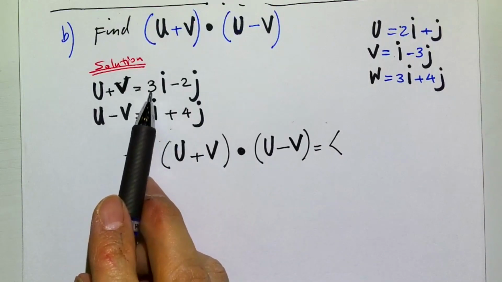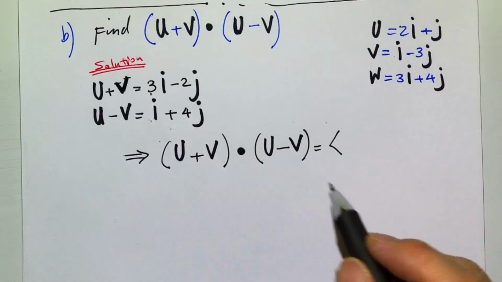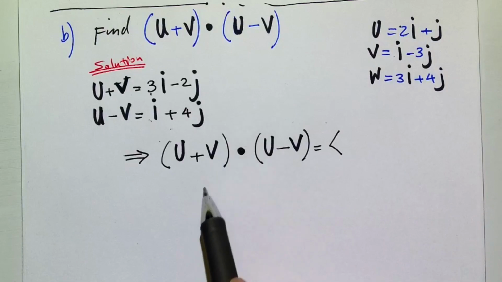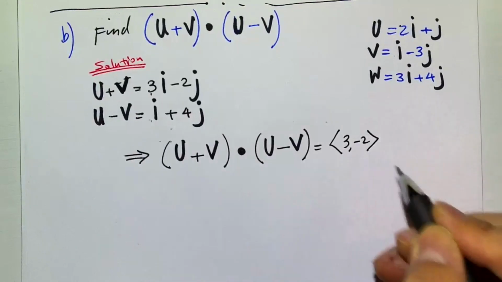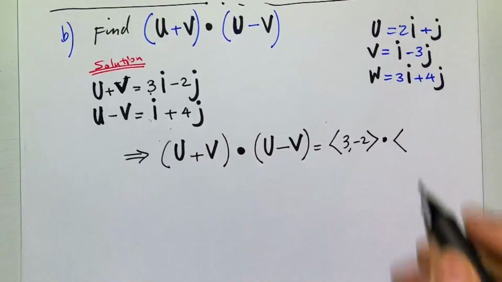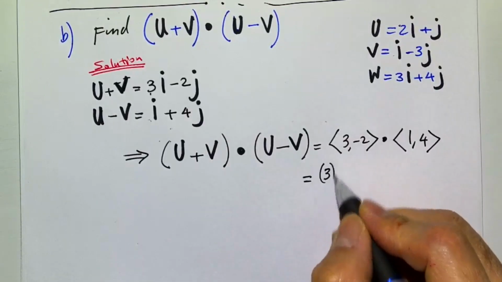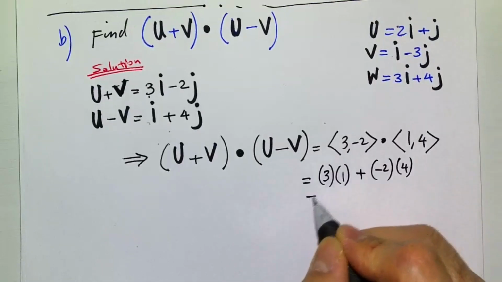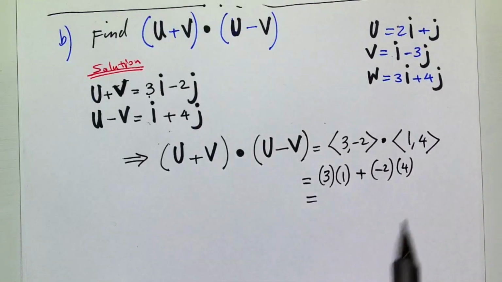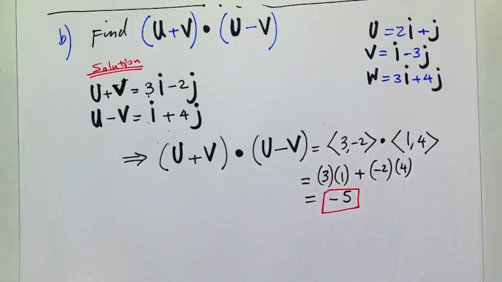We have 3 times 1, right? Let me just write them like that. So 3 comma negative 2 dot product 1 comma 4. Okay. Then we have 3 times 1 plus minus 2 times 4, and we have minus 8 plus 3, or minus 5. Okay, like that.